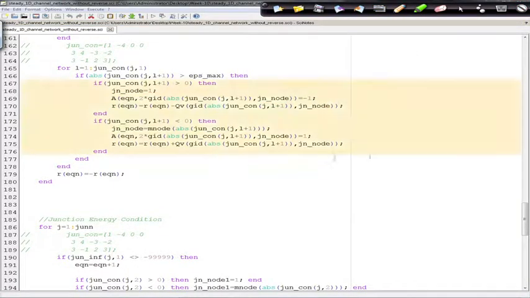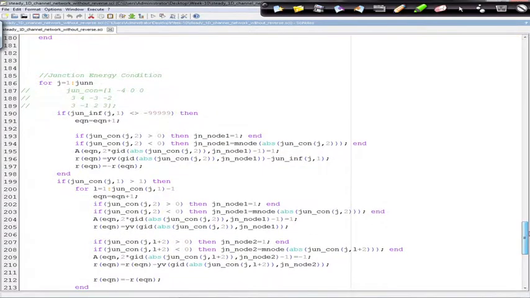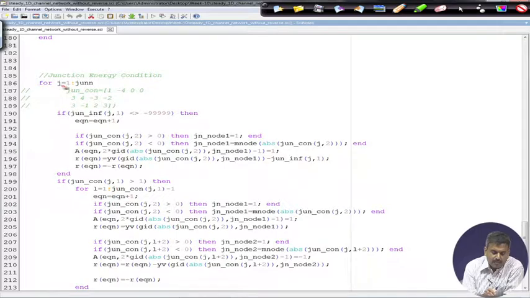So, with this, next part is junction condition or energy condition. What should be there? For junction 1 to junction number, if junction information J1 is not equal to minus 999, then we should start increasing our equation number, and the first node is the value which is there in the second column.